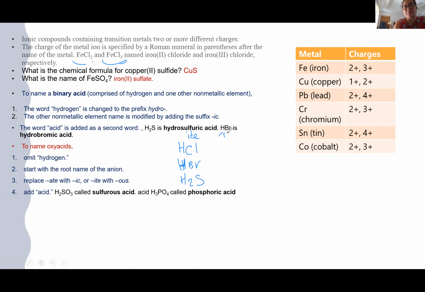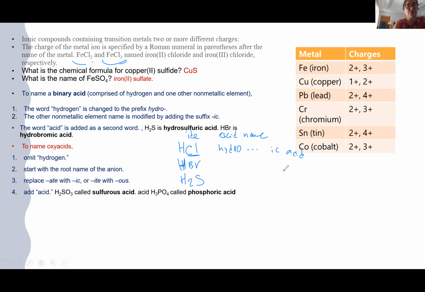The acid name is going to start with hydro, then the root name for the non-metal, and then ic acid.